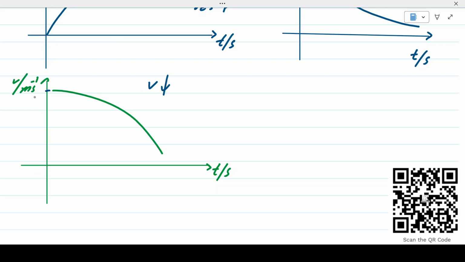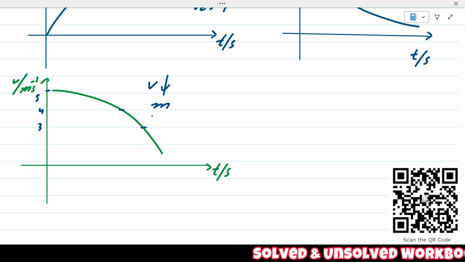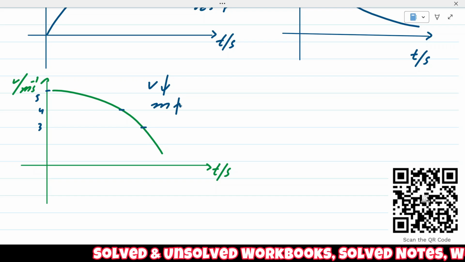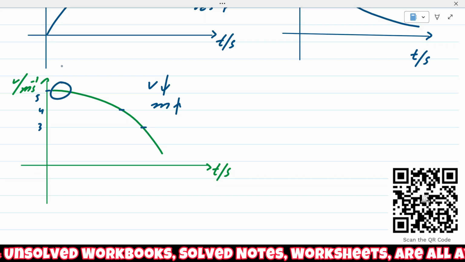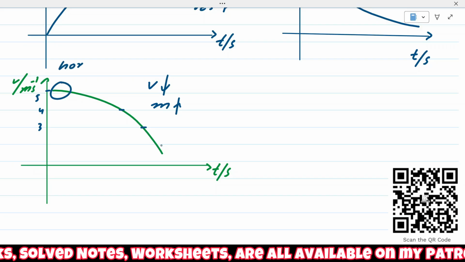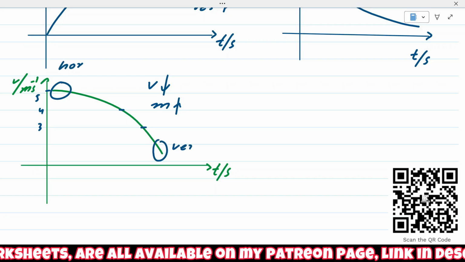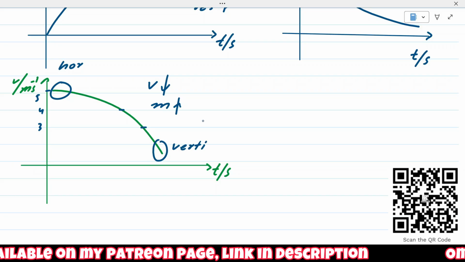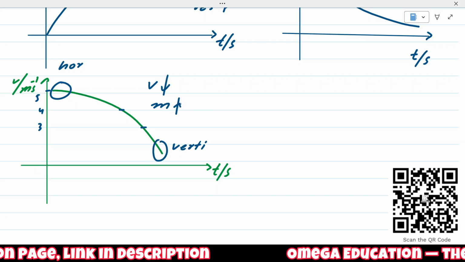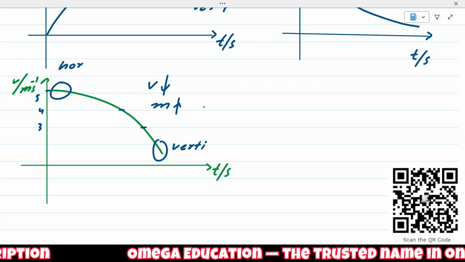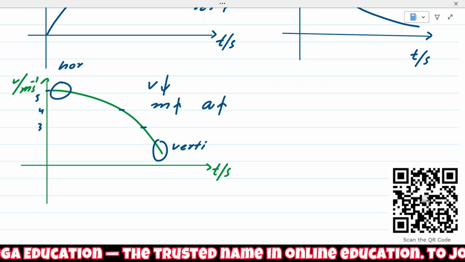For example, the velocity here was 5, and then over here probably 4, over here probably 3. Velocity is being decreased. What about the gradient? Gradient is being increased because initially the curve was more horizontal, and now the curve is more vertical. So it means gradient is being increased. It means acceleration is also being increased.